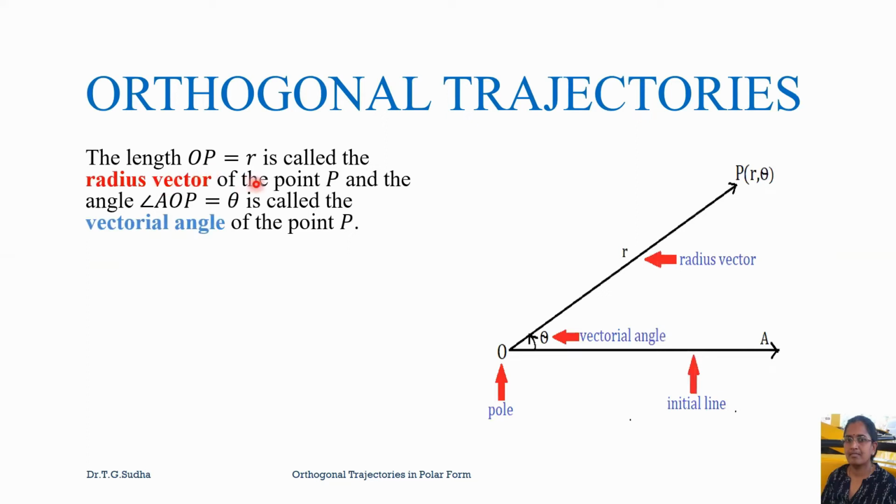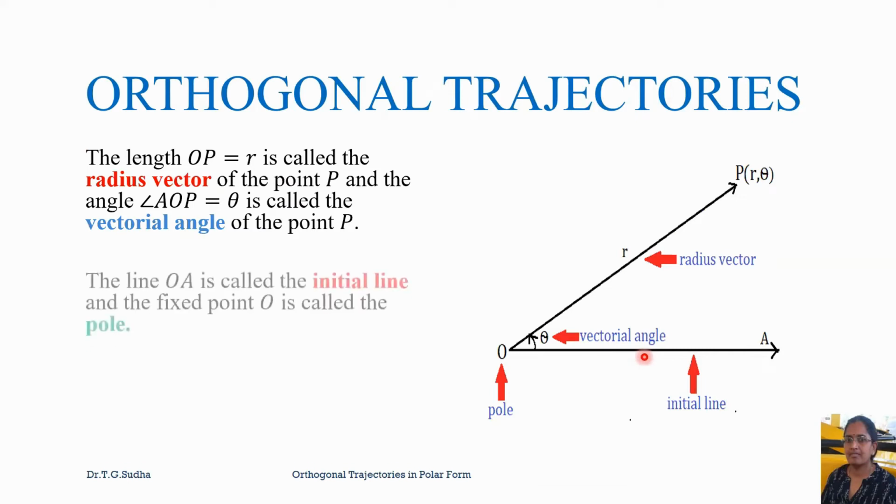The length OP equal to r is called the radius vector of the point P. So this is the length OP and that is r, and it is known as the radius vector. And the angle AOP, measured in anti-clockwise direction, is equal to theta, and this angle is called the vectorial angle.